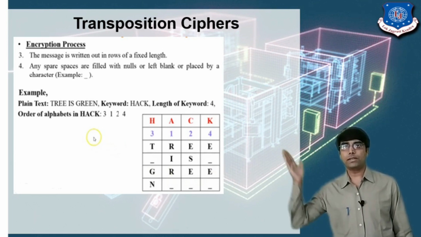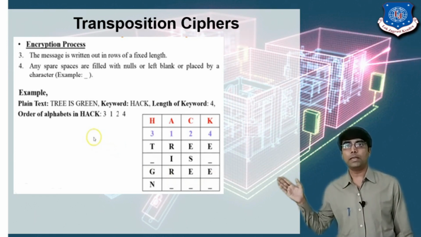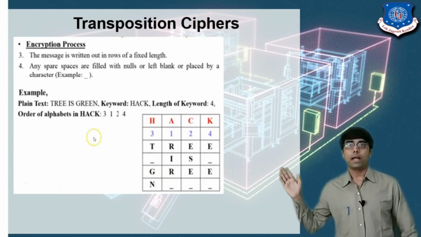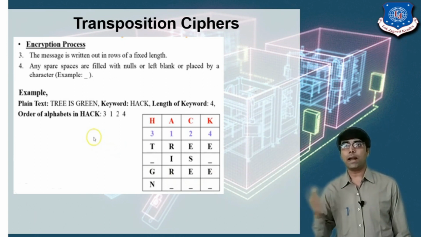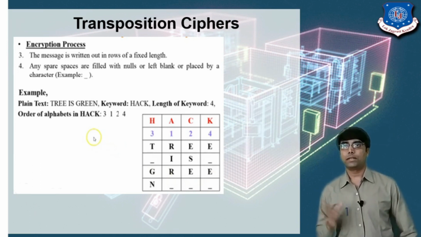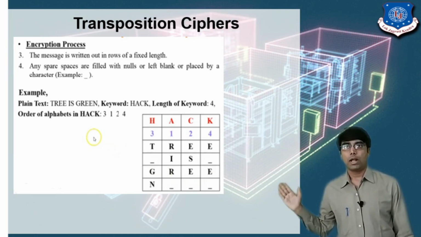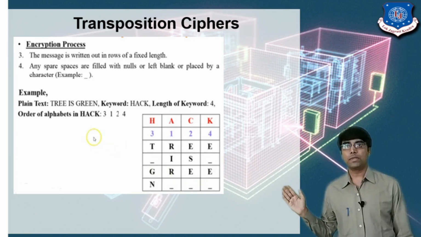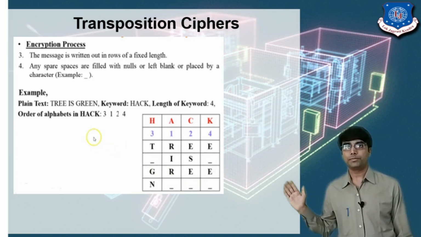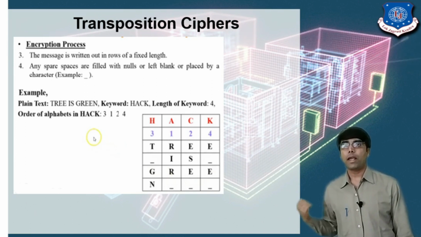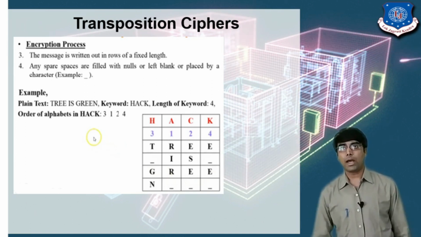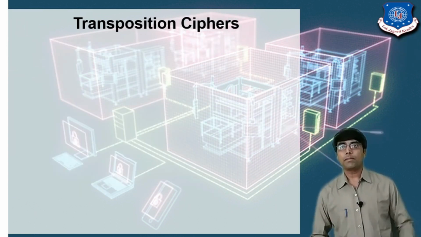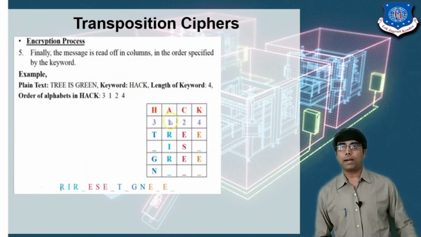Now your matrix is HACK, the order of the key is 3 1 2 4, and the matrix is TREE, then IS with a space, which is filled with an underscore, then GAME, and the remaining space is filled with the underscore. This is how we fill the matrix.